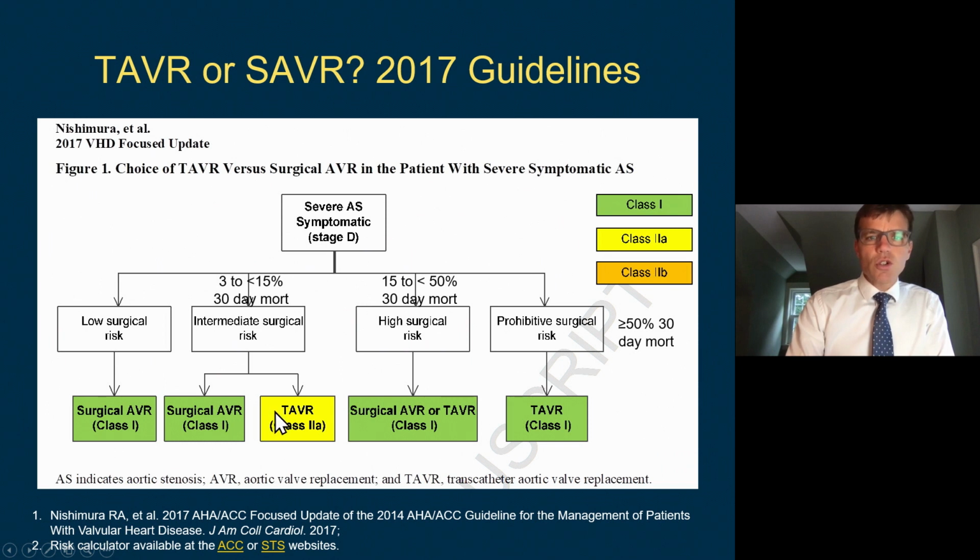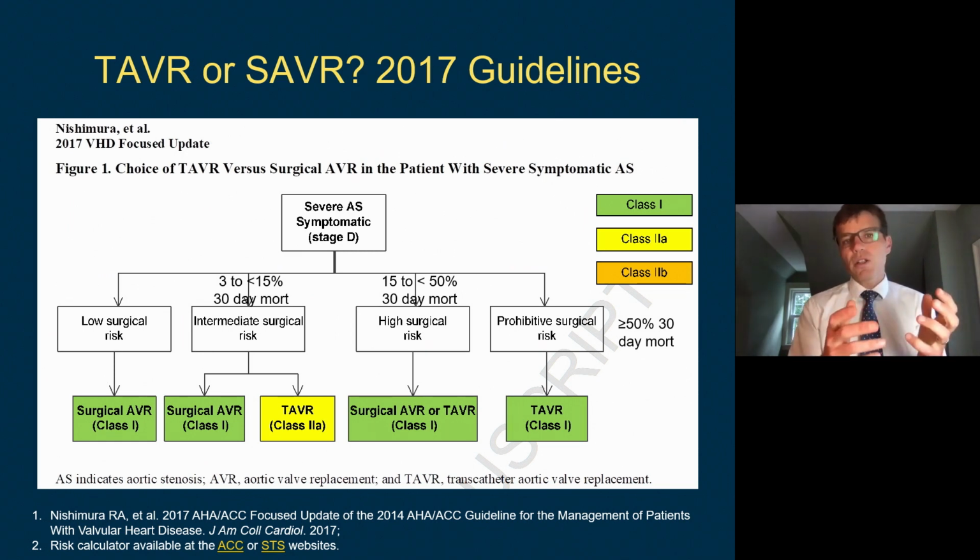The intermediate surgical risk are probably the group of patients where there's the most, you could go either way. These are patients who have a 3 to less than 15% 30-day mortality. This is not the well patient necessarily. They may have some other comorbidities, but nonetheless, you can consider both open or classical surgical aortic valve replacement and transcatheter.